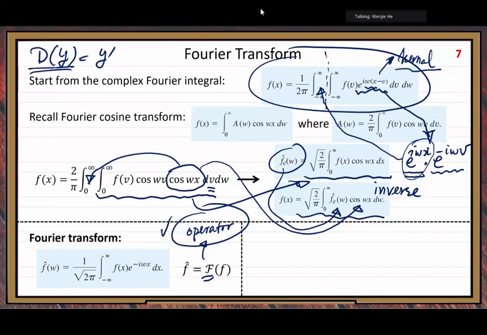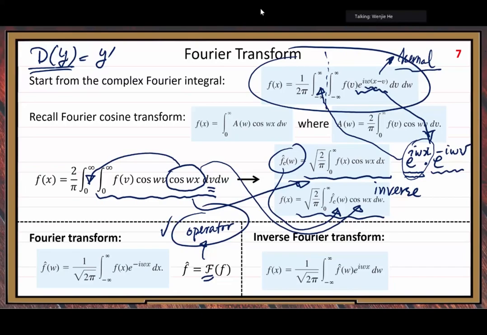Then the inverse Fourier transform corresponds to the outer integral this time. We apply the integral on the f hat, the Fourier transform of the original function. Be careful with the kernel. In the Fourier transform, the kernel has a negative sign, negative i w x. But in the inverse transform, the kernel has no negative sign, so it is the positive e to the i w x.